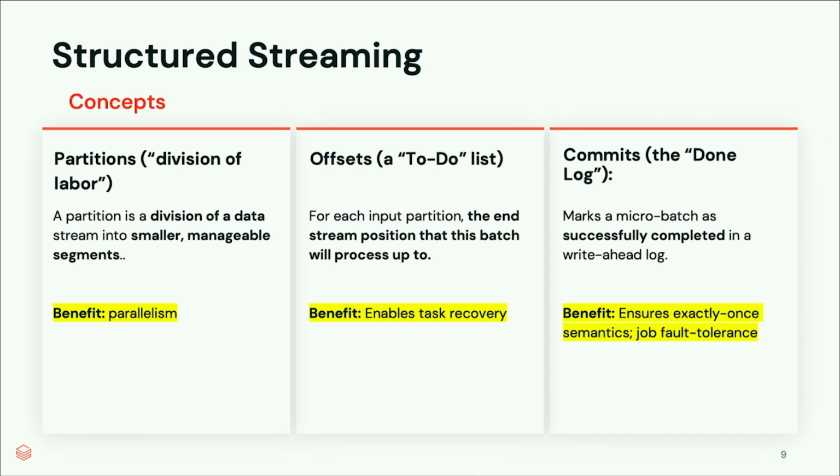So the first concept is partitions. And this can be really confusing because the source system that you connect to may have partitions of its own. A Kafka topic is composed of one or more partitions, and a Kinesis stream is composed of one or more shards.